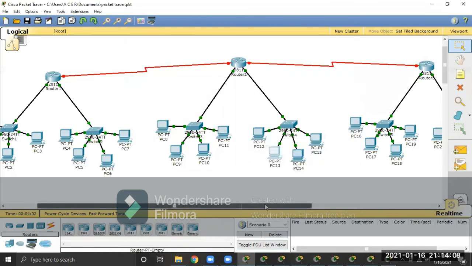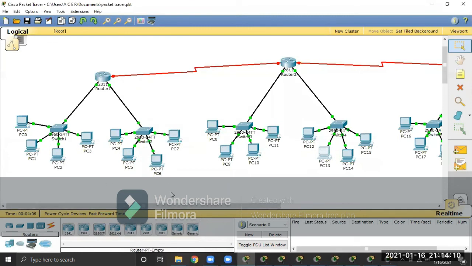So there is a problem, a few errors that we can't solve, which is when we try to send from a PC in one department to another department.